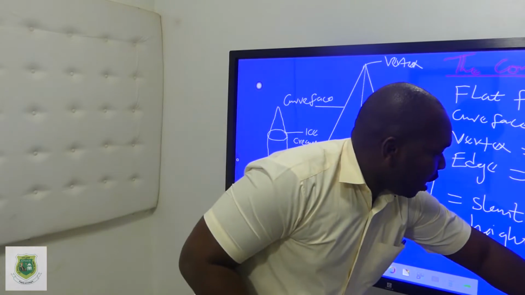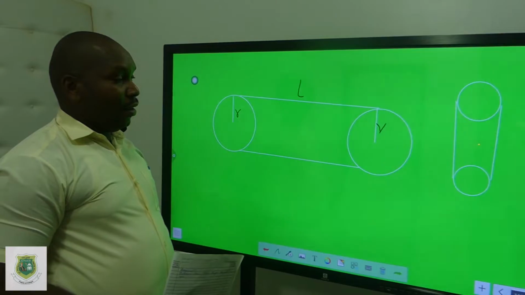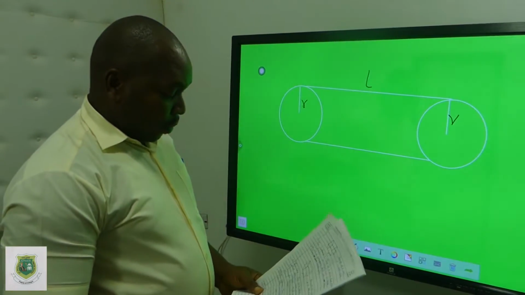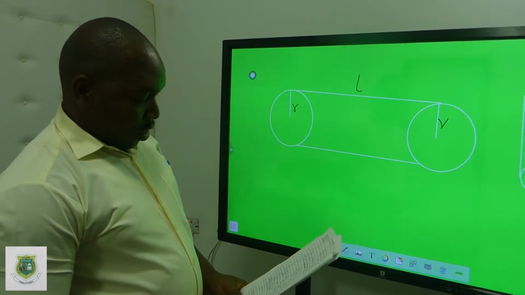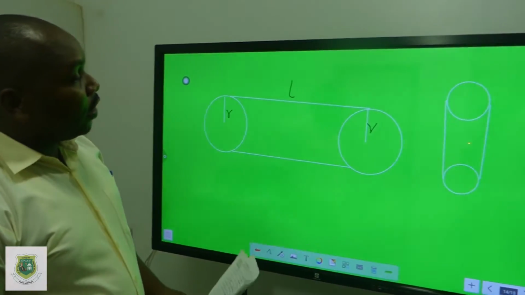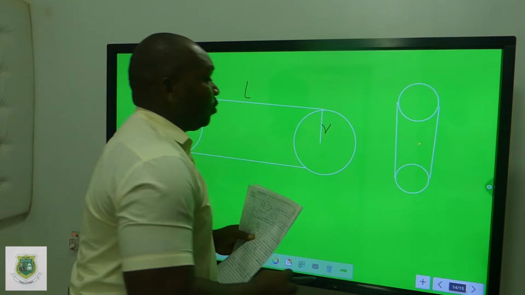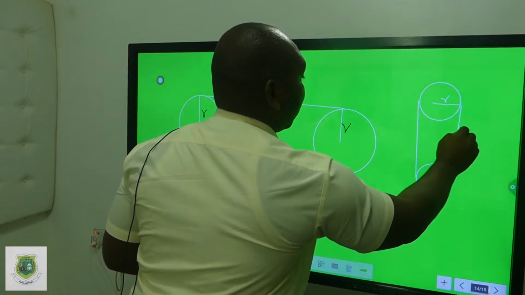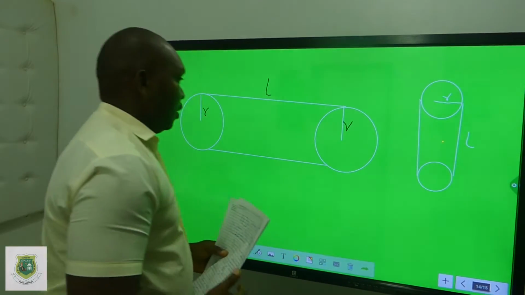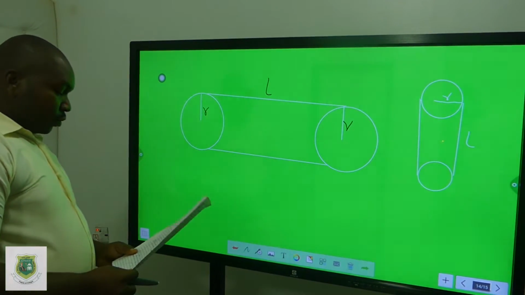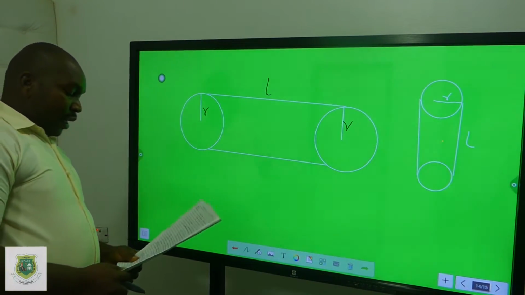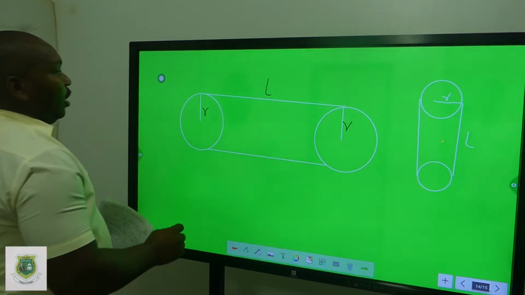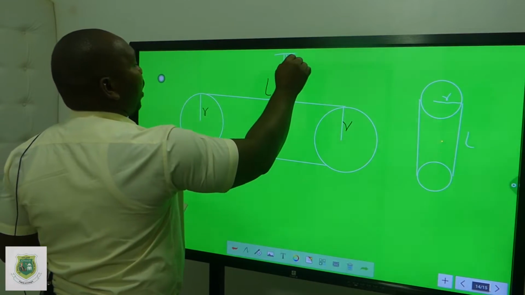Okay, let's now look at another solid shape, which is the cylinder. The cylinder can be this form or this form. The radius, the length. The cylinder is a solid shape with no edge.